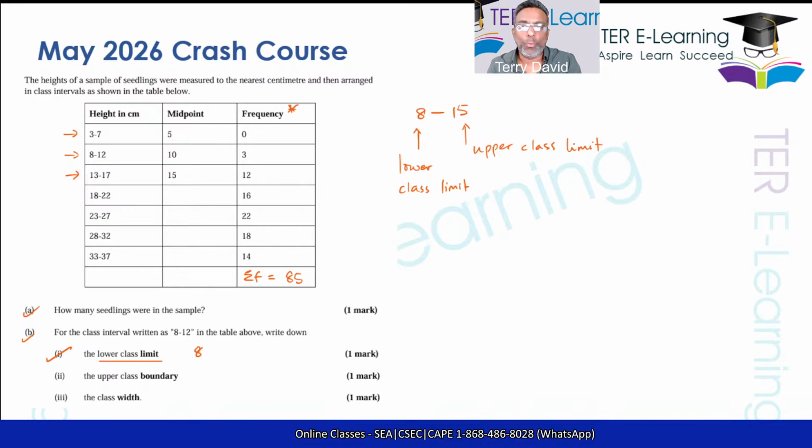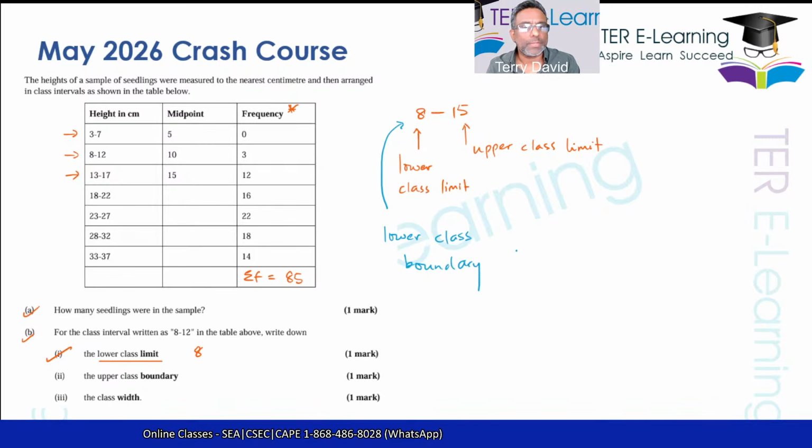Now, what they can also ask you, because some of you are mixing up your terms here, is the lower class boundary. Your lower class boundary here, in this case, is actually going to be 7.5. So some of you are always saying 7.5.